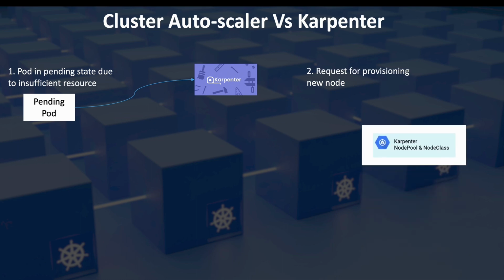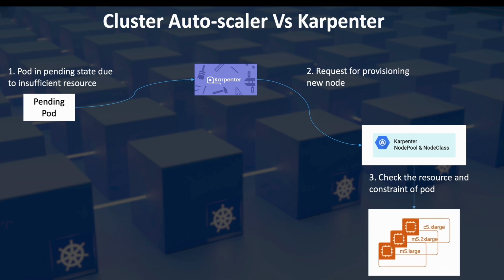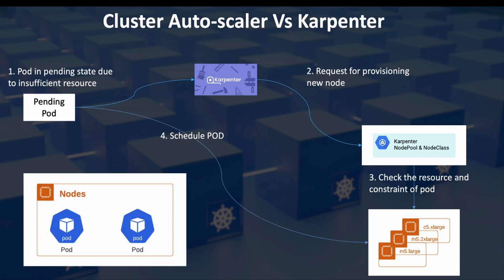We'll come to that later, but it will ask the Karpenter node pool to create a node based on the resource requested by the pod. So it will identify the best EC2 instance, create the node and provision that particular pod onto it. This is how pod scheduling happens in the case of Karpenter.